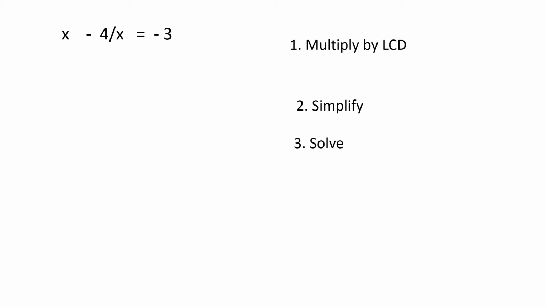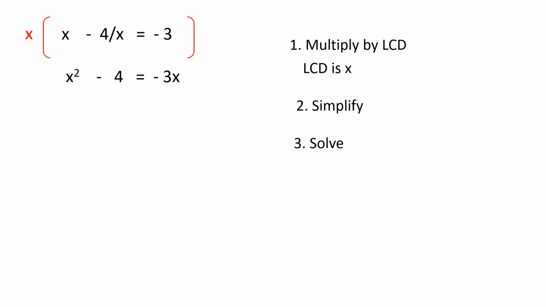Let's look at this example here. All right. Again, this is not a proportion, so we're going to have to multiply by the LCD. The LCD, there's only really one fraction, which is 4 divided by x, so our LCD has to be x. So that means I'm going to multiply everything by x, right? And I'm going to distribute that.